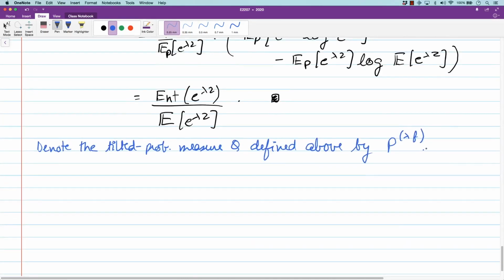Okay, so if you denote it this way, then the Herbst argument is the same as the following.